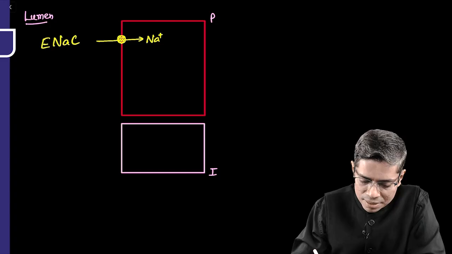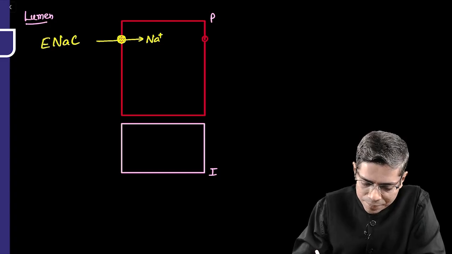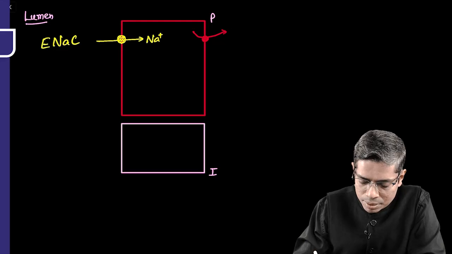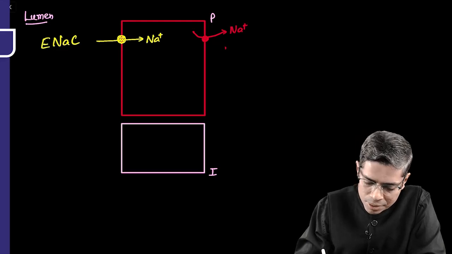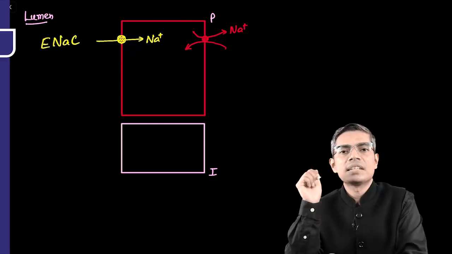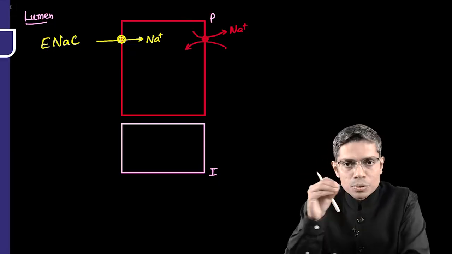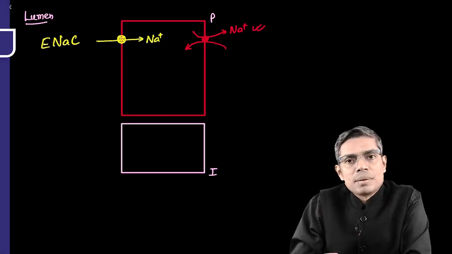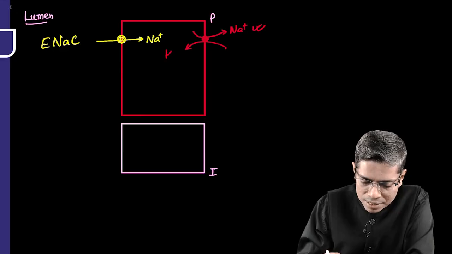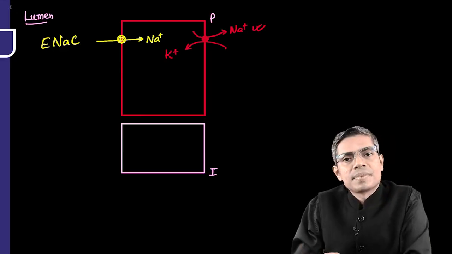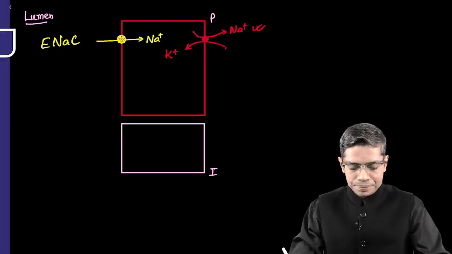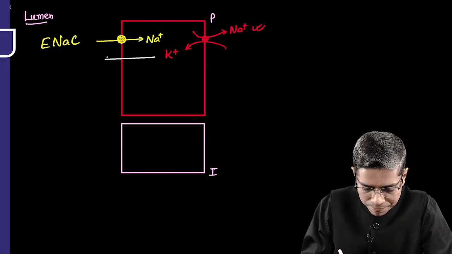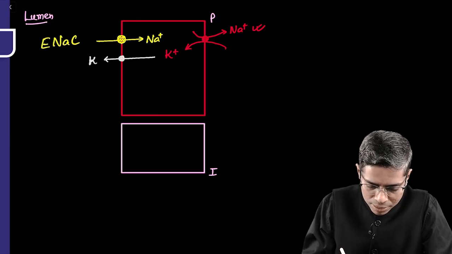And from the basolateral surface, the same, that is the sodium potassium ATPase pump. So whenever sodium reaches from the lumen to the cell cytoplasm, that sodium will be thrown to the blood by the sodium potassium ATPase pump, and potassium is going to enter here. This potassium will be secreted into the lumen.